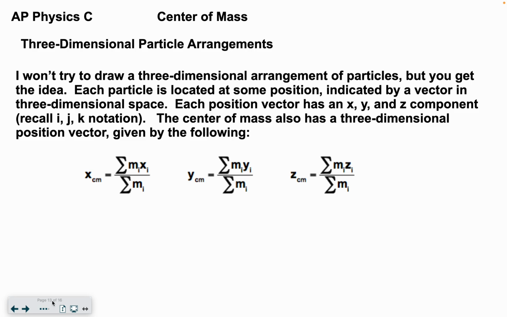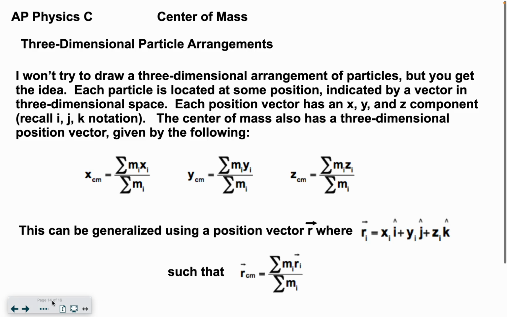We now have a third dimension, the z sub cm. We can generalize this considering that r is a generic three-dimensional position vector with xi plus yj plus zk for each particle in the system. So r sub cm, the location of the center of mass in three dimensions, equals sigma mi ri over the total mass.